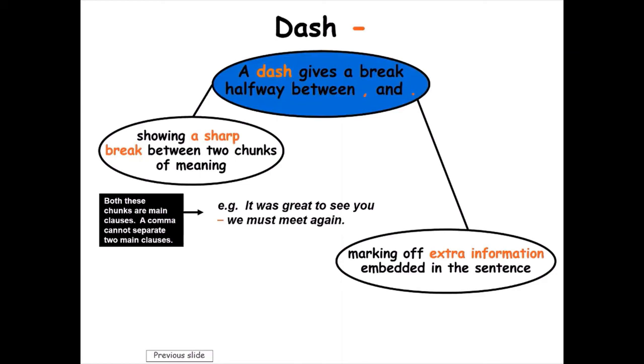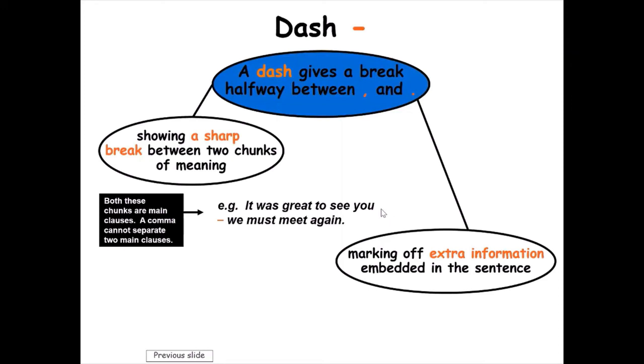Marking off extra information embedded in the sentence. Both these chunks are main clauses. A comma cannot separate two main clauses. So here we are using a dash when there are two main clauses. As given in the example, it was great to see you.